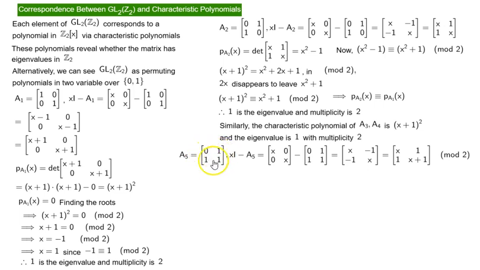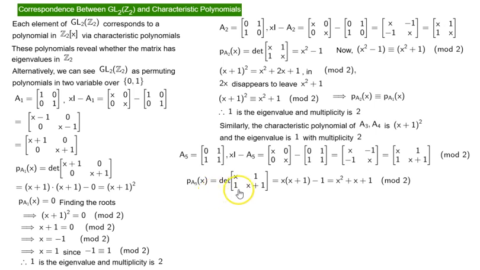A5 is 0, 1, 1, 1. xI minus A5 is equal to x, 0, 0, x minus 0, 1, 1, 1, which works out to x minus 0, minus 1, minus 1, x minus 1. And since minus 1 is equivalent to 1 mod 2, we can write it as x, 1, 1, x plus 1 mod 2.